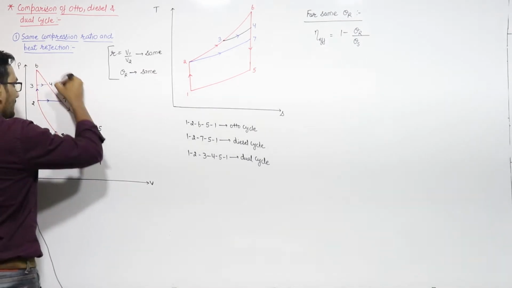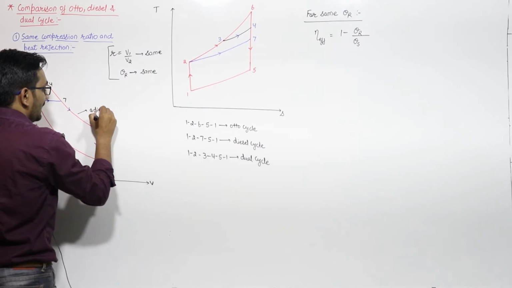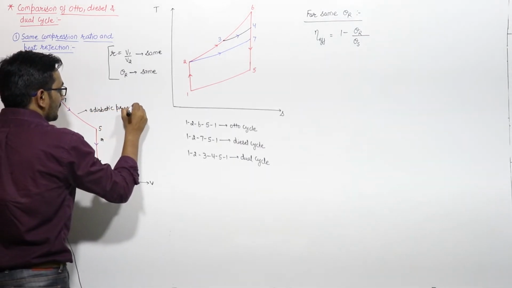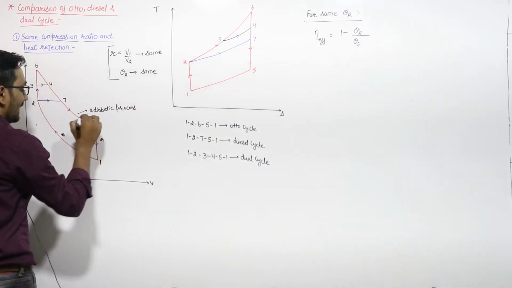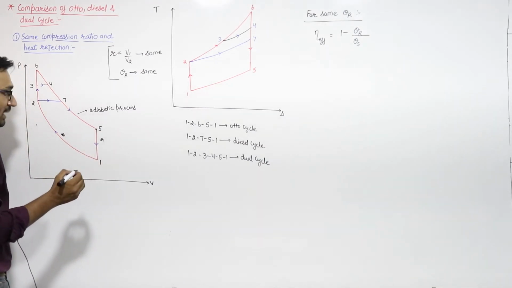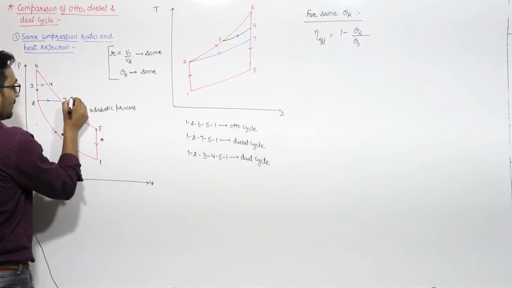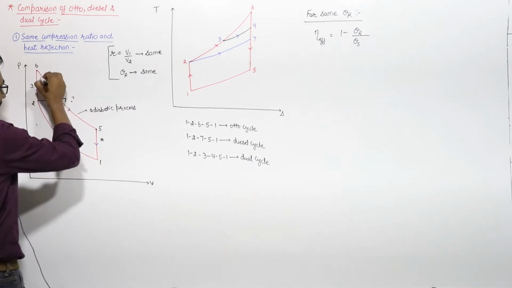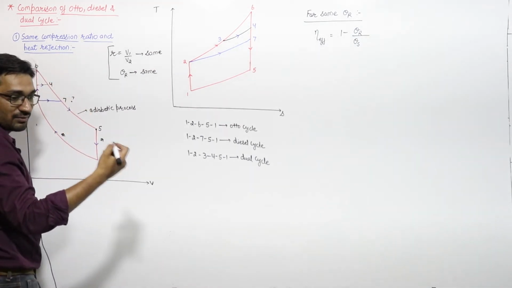If we say that this is an adiabatic curve, this will be this curve. Suppose you say that this 2 to 7 will go up to this, let us say point 7 is this. Then you cannot join this 7 to this 5, because this curve will take a specific shape, right?